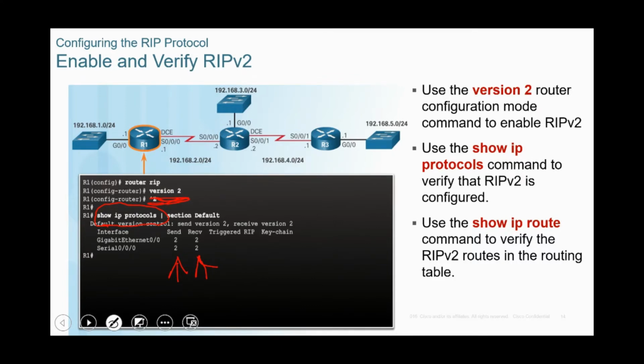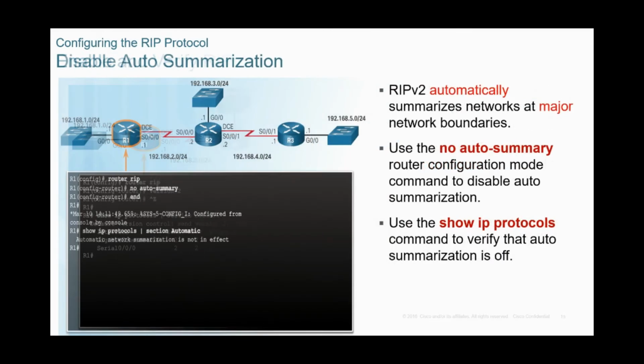Compared to version 2, RIP version 1 is a classful protocol, which means it cannot support the subnet mask. If you want to support VLSM and CIDR, you can implement RIP version 2 because it supports classless addressing.